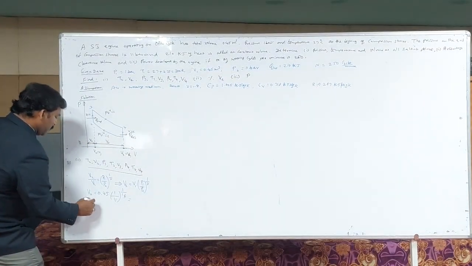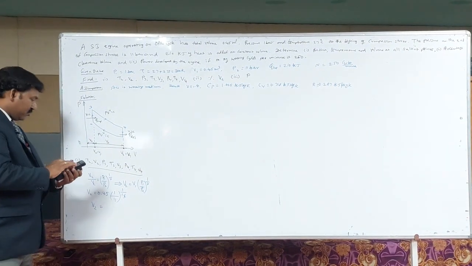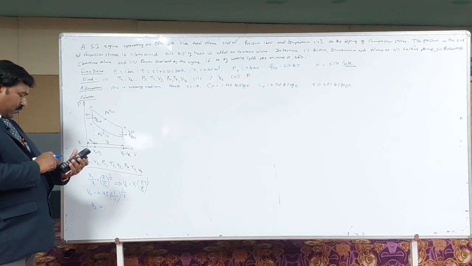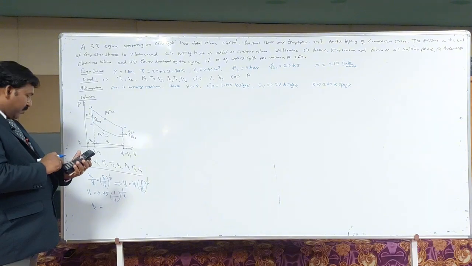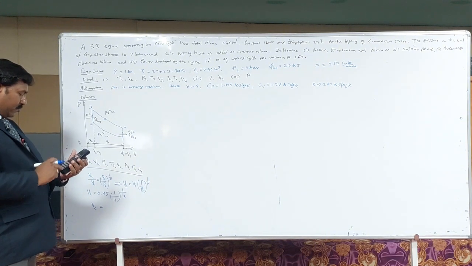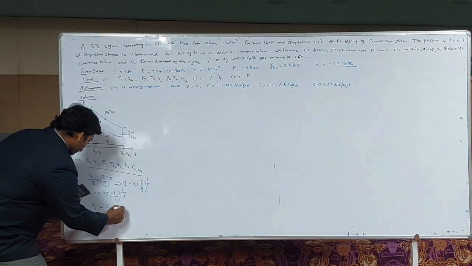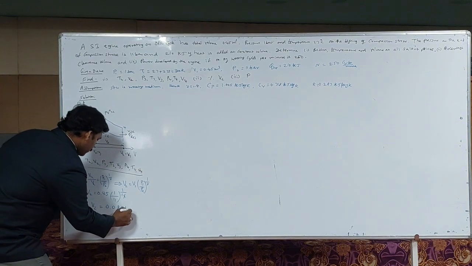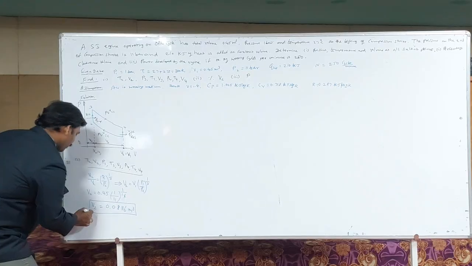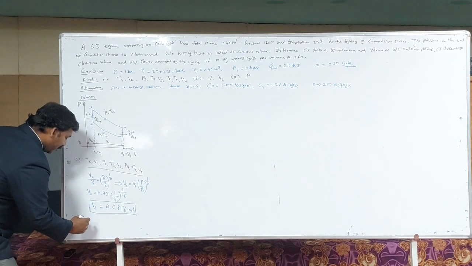So we get V2 is equal to 0.45 into 1 divided by 11 power 1 divided by 1.4. So I get 0.08116 meter cube. So this is V2. Now I have to find the R value, compression ratio.